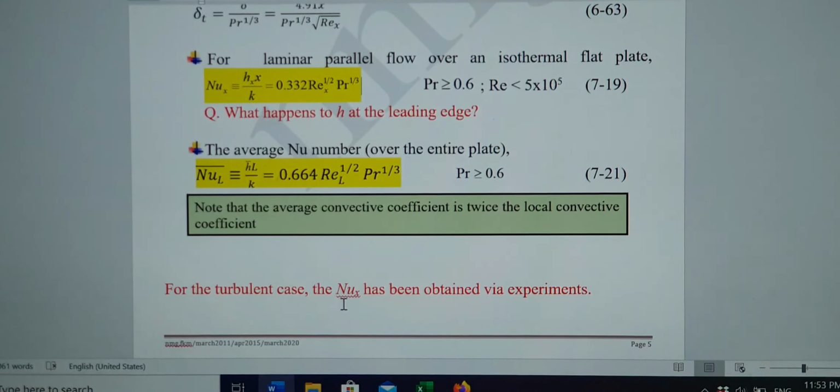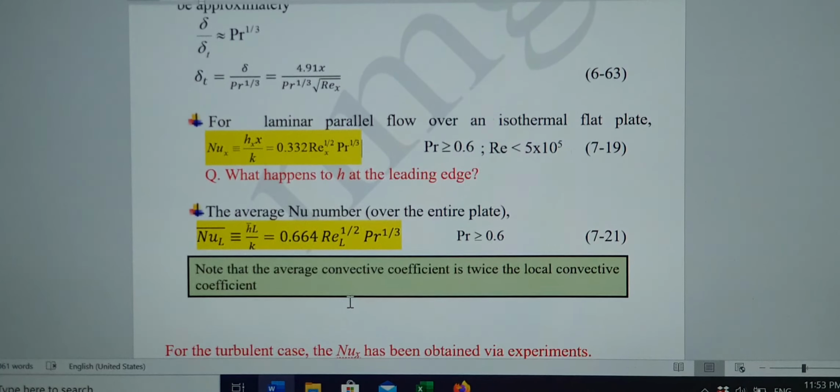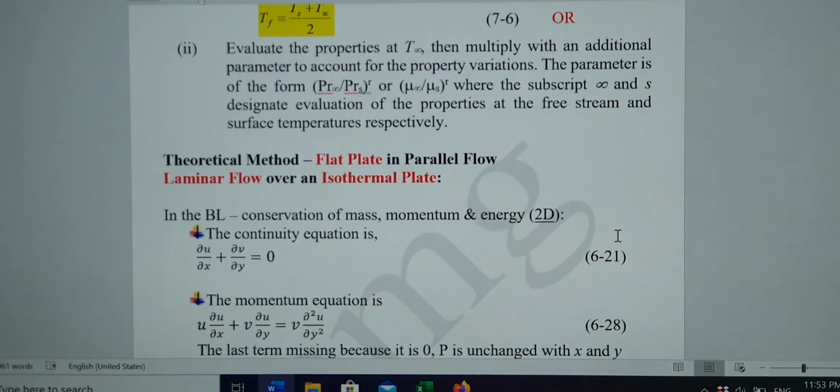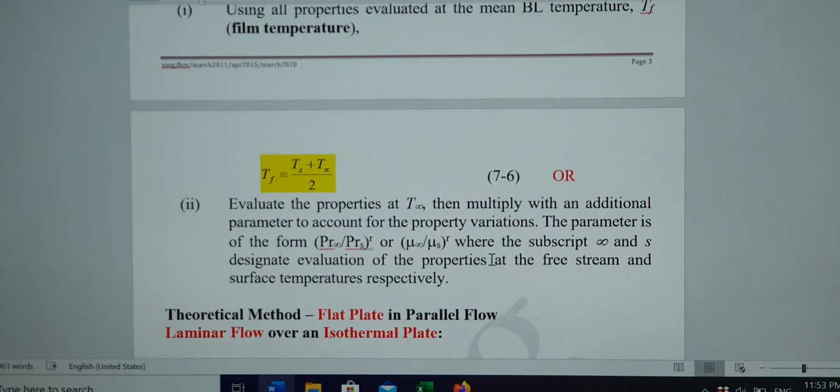We shall look into that later. So for now, the exact solution is this, which comes to 7.19 or 7.21, whichever that is. This is again for flow over a flat plate, laminar, isothermal condition. And the thermophysical properties are all obtained at the film temperature.